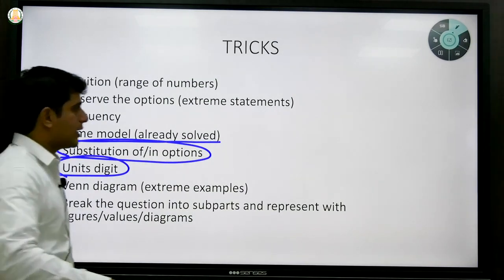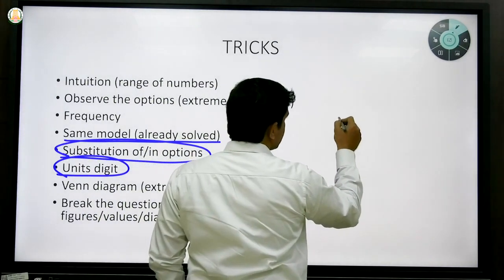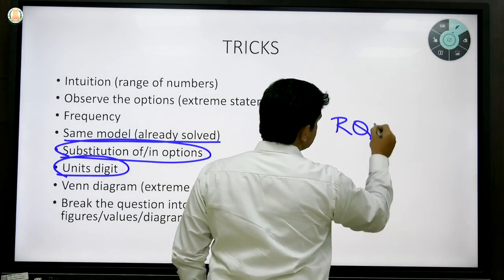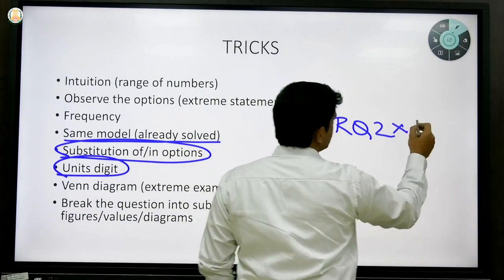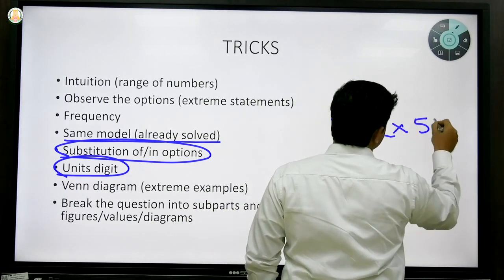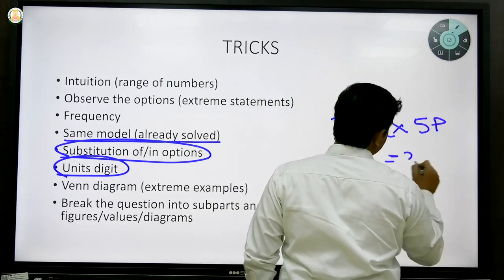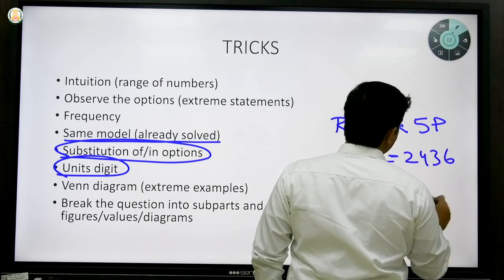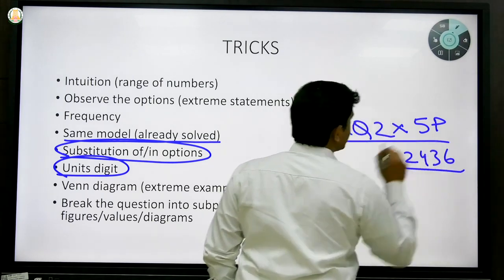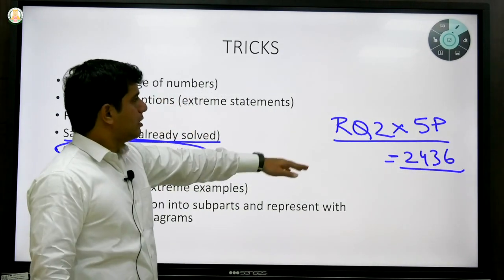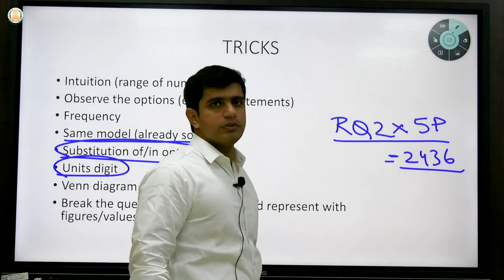Maybe I'll give an example again. Let's say they have given you something like this: RQ2 into 5P is equal to 2436.